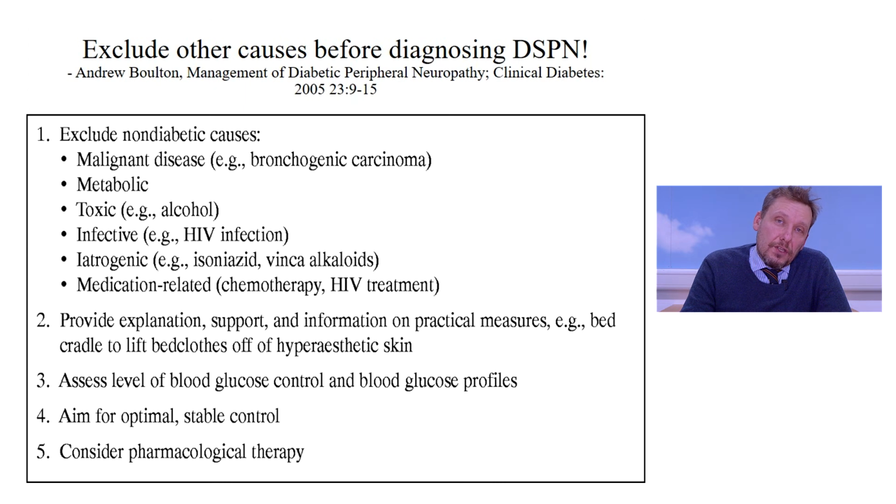For example, other metabolic diseases such as vitamin B12 deficiency, hypothyroidism and alcohol disease are important, but also this can also be associated, particularly if it's a relatively atypical pattern of symptoms and signs, due to alternative diseases such as pro-inflammatory, demyelinating or even neoplastic disease.